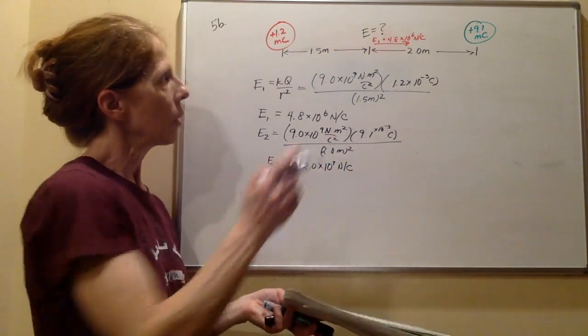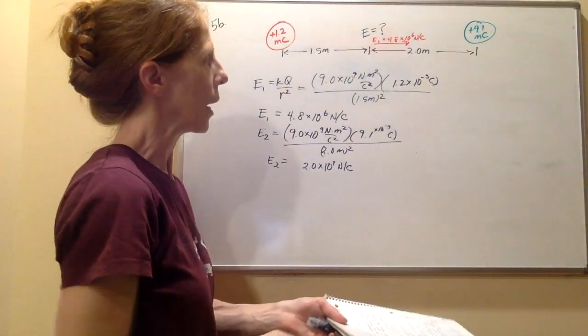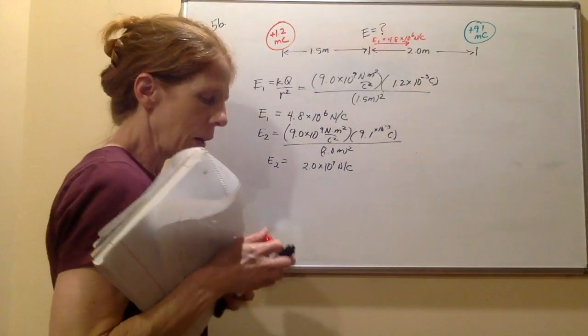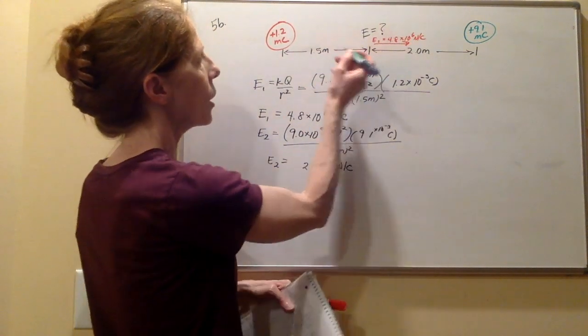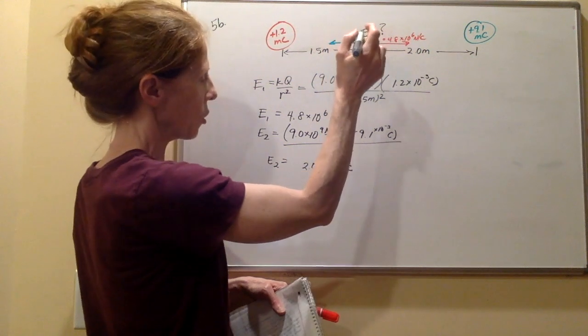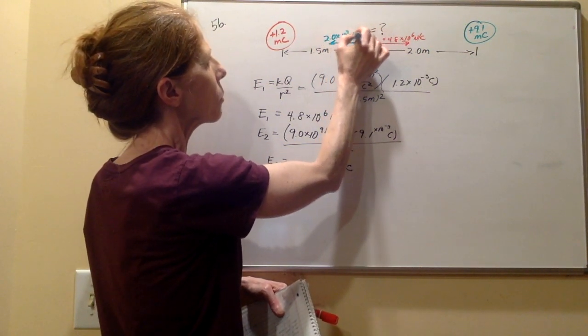But again, we're looking at these two charges. Which way is the electrostatic field going to move? If we put a positive test charge in there, of course, it's going to move in this direction. So our field's going to point in that direction. So we have 2.0 times 10 to the 7th newtons per coulomb.